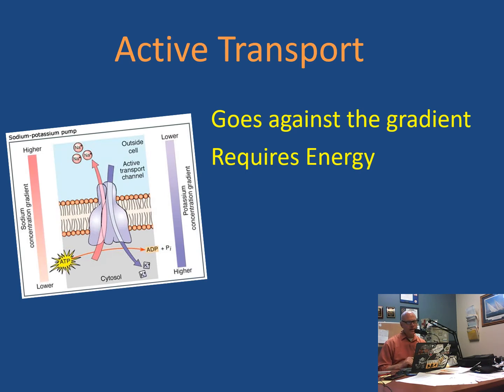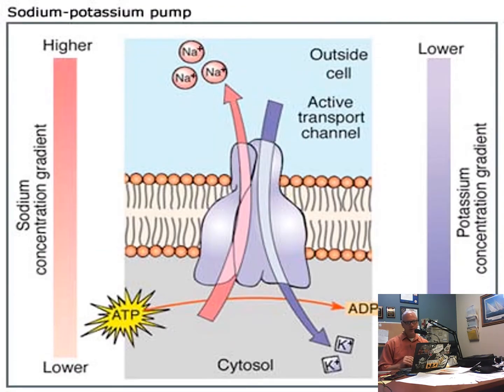And so the last thing we have is active transport. And so active transport is going to be against the gradient. So that would mean that the particles are going to go from a low concentration to a high concentration, and this is going to require energy. The only real good example that I have of this, and the one that we'll talk about over and over again, is the sodium-potassium pump.